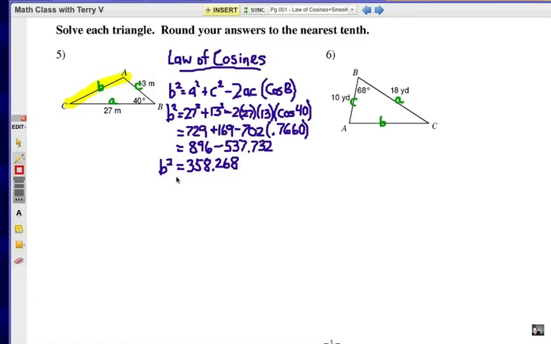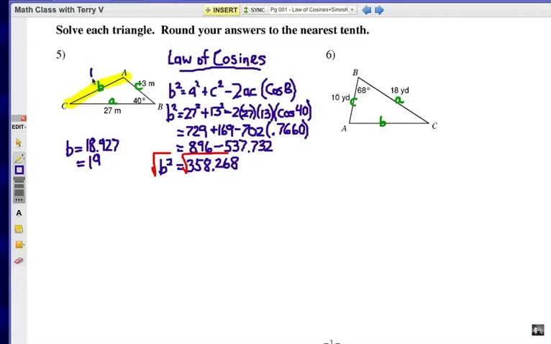So we end up with b squared as 358.268. Now most of these calculations I'm going to carry through to either 3 or 4 decimal places. Now that's b squared, so let's go ahead and take the square root of each of those sides. And you'll see that b equals 19. So let's go ahead and round that to a whole unit, 19.